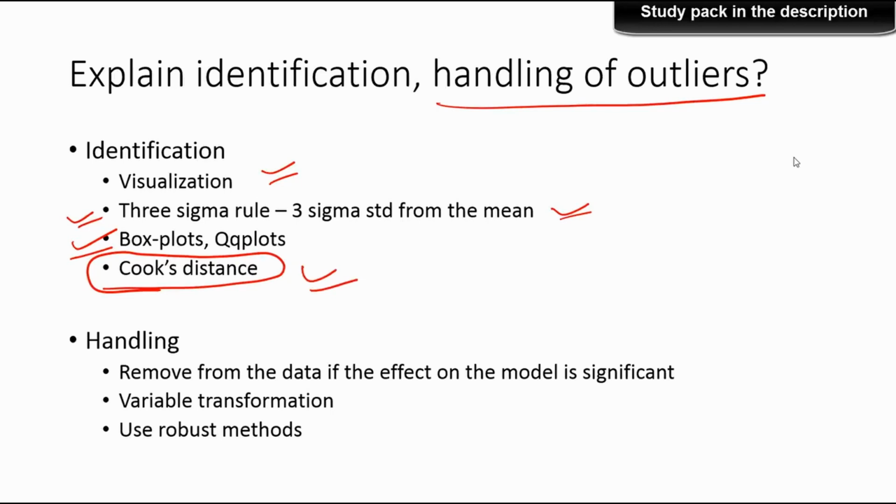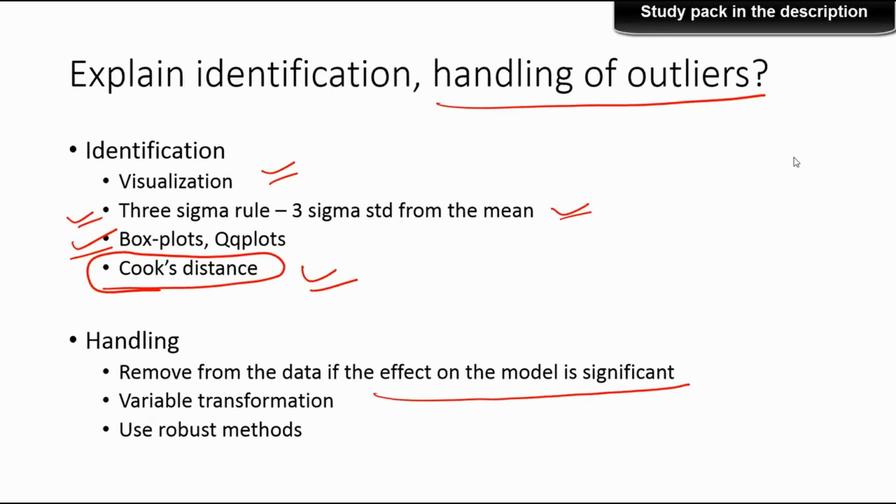How to handle them? So you can remove them from the data if there is hardly any effect on the model. Sometimes if you transform the variable, you take a logarithmic transformation or any other type of transformation, then also the outliers' effect is reduced, and then you have better data in place.